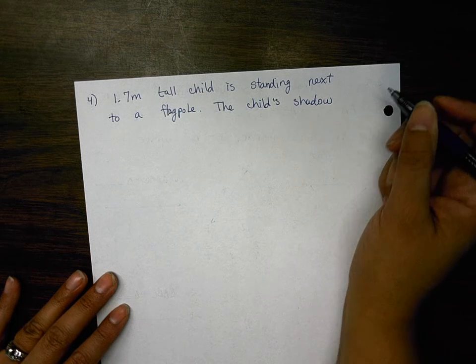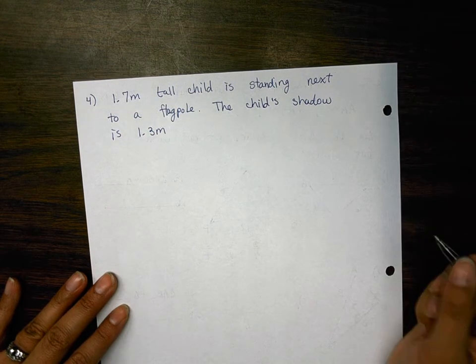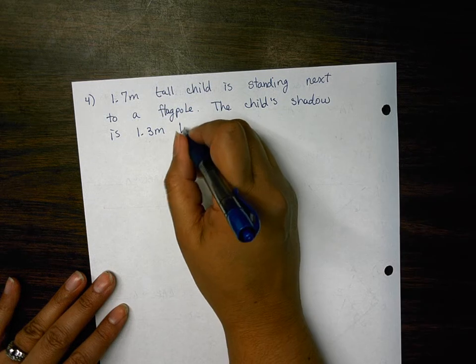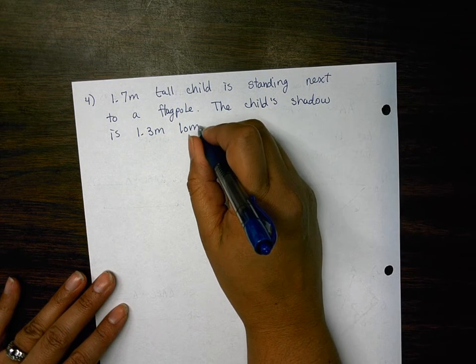The child's shadow is 1.3 meters long. Can you guys turn that off please?